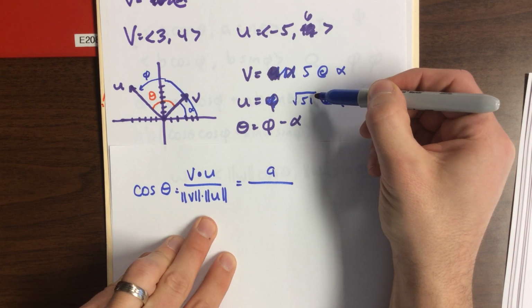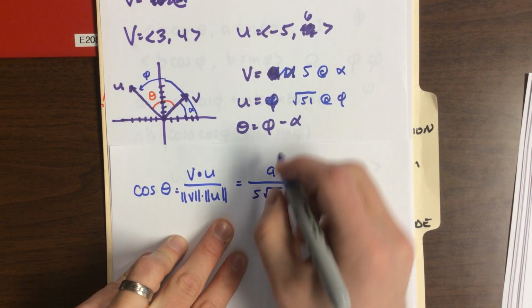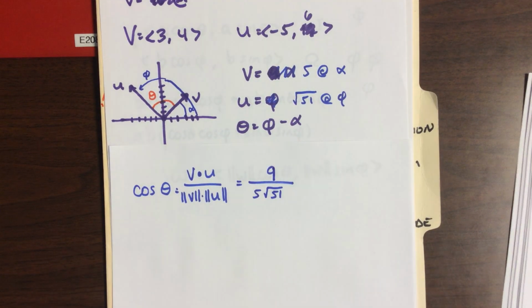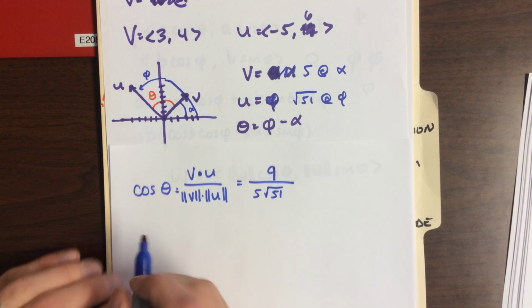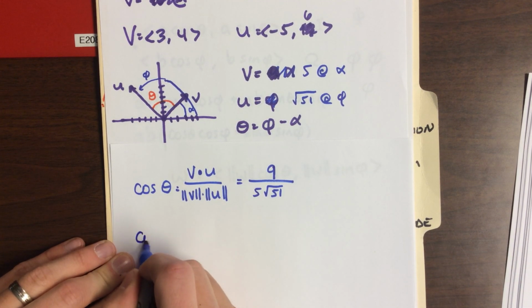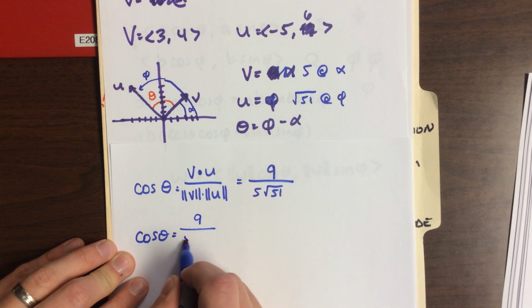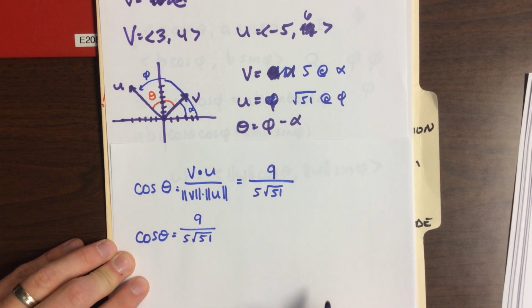5 times root 51. Cosine of that angle equals 9 over 5 root 51.